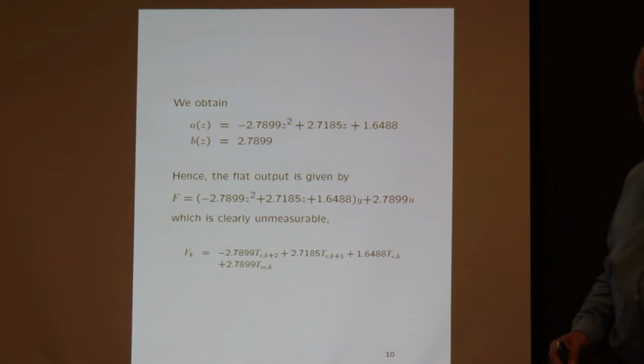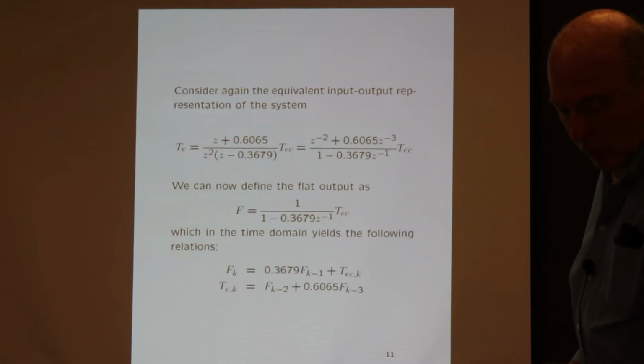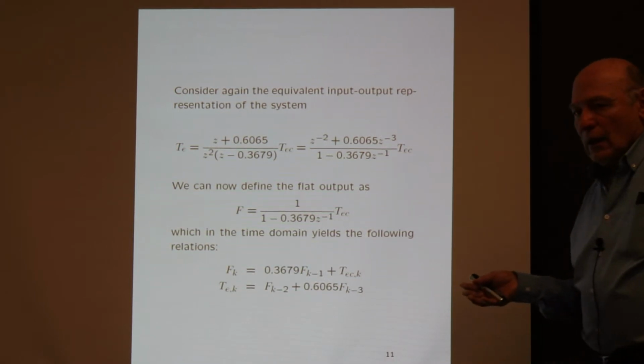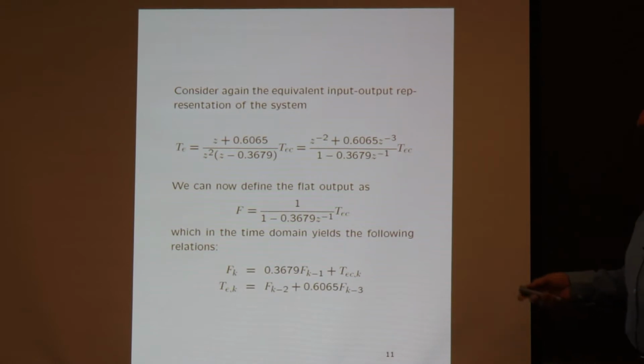When you want to get your hands into implementing what this solution is telling you, of course, you have to go to a causal representation of your system. And the causal representation utilizes the backward time shift.